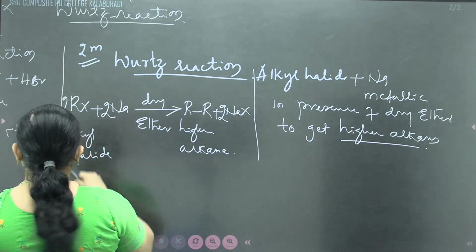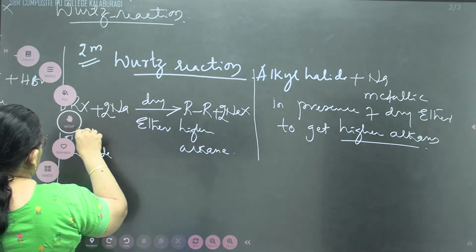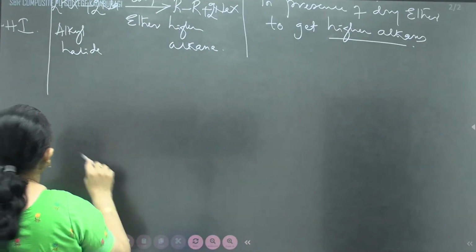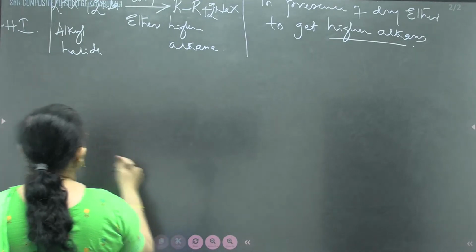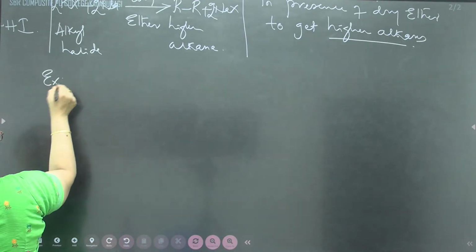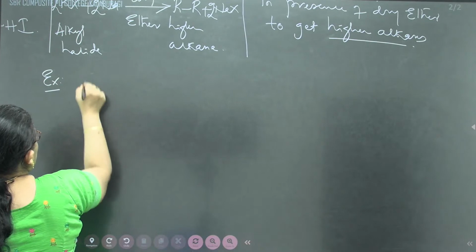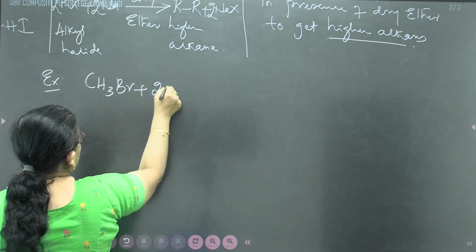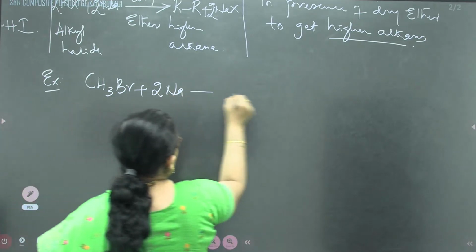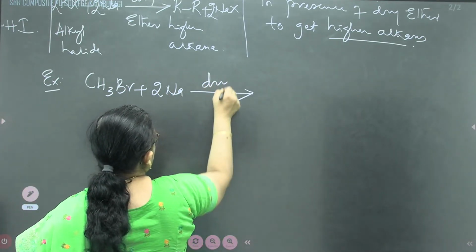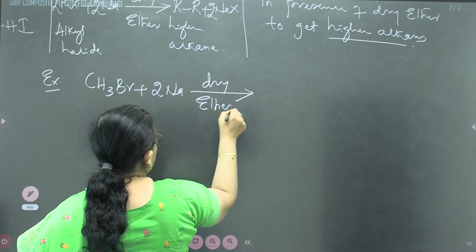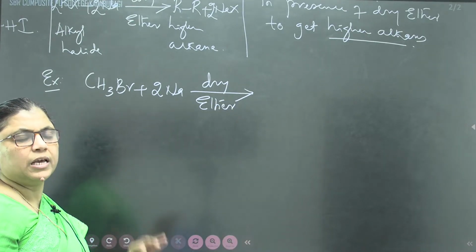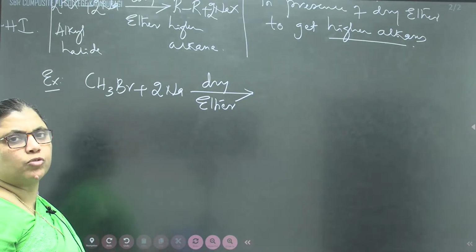Now the question arises: if we take the example of CH3Br treated with sodium metal in dry ether. Whenever alkyl halide is treated with sodium metal, it is a Wurtz reaction, which you need to remember.